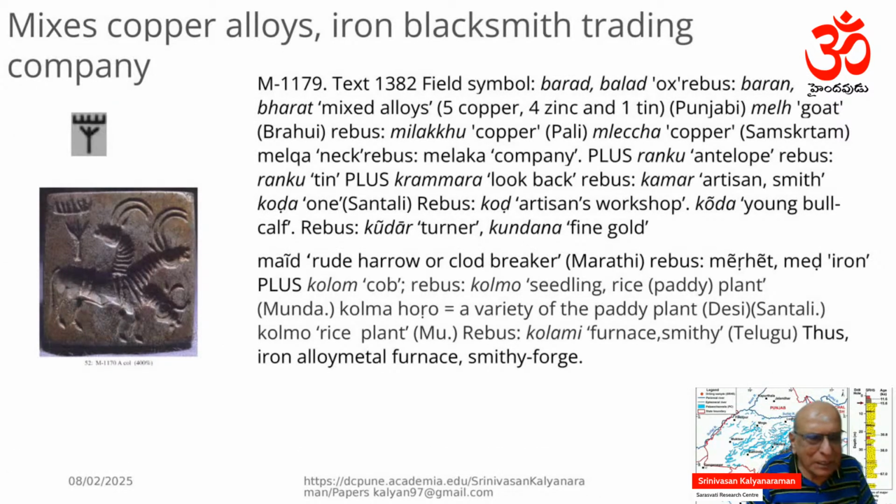Three animals joined together, three animal faces joined together. One is a bull, another is a unicorn, there could be a goat, or it could be an antelope, goat, or bull. Whatever they are, there are three different faces joined to one particular body. A company, Malaka, is taking place. Malaka is a company. Malaka is joining, meeting.